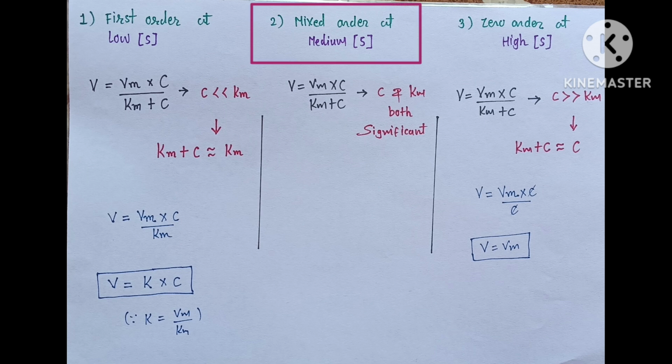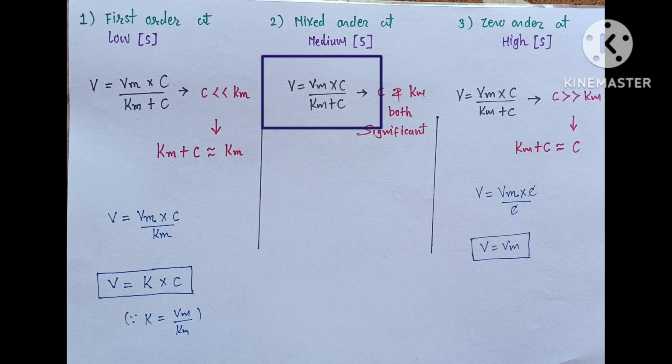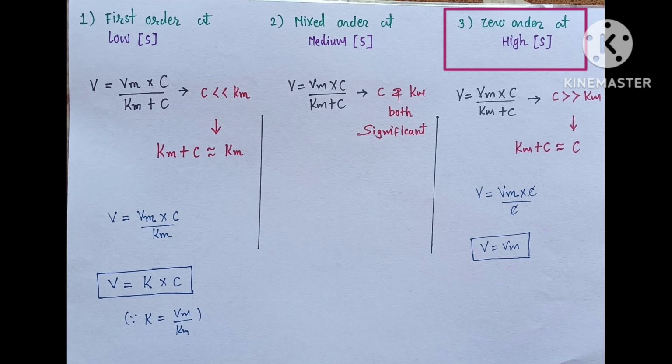Now second, mixed order kinetics. In mixed order kinetics, at a medium concentration of the substrate, both the concentration and the Km are significant, so no such differentiation is there. V is equal to Vm into C divided by Km plus C. Third, zero order kinetics. At a high concentration of the substrate, what will happen?